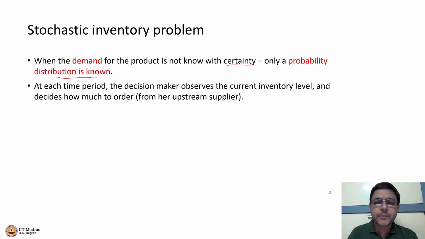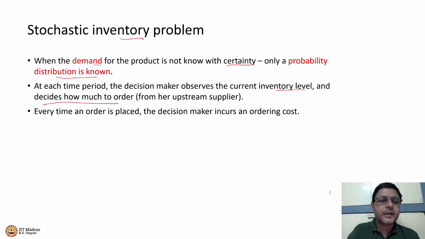We need to look at the current inventory level and what the potential demand could be, because we don't know demand for sure, and then decide how much inventory to order from our upstream suppliers. That remains exactly the same.